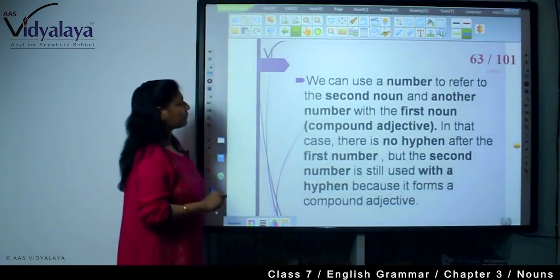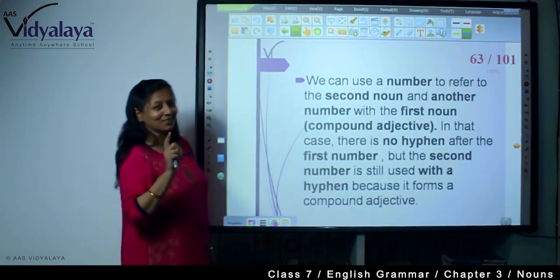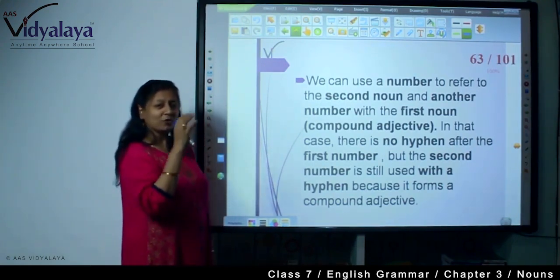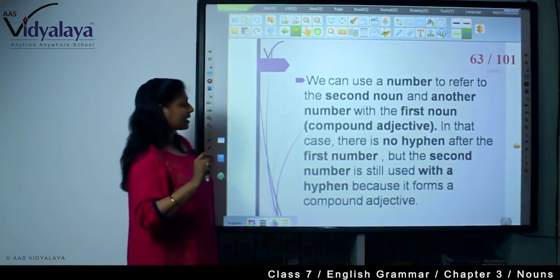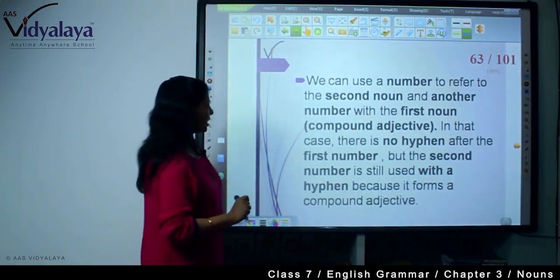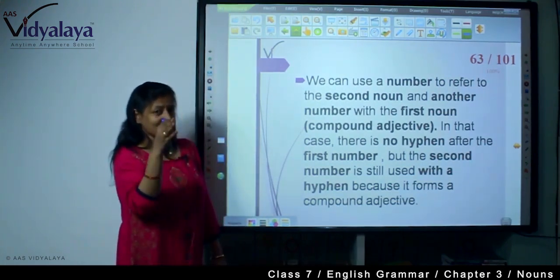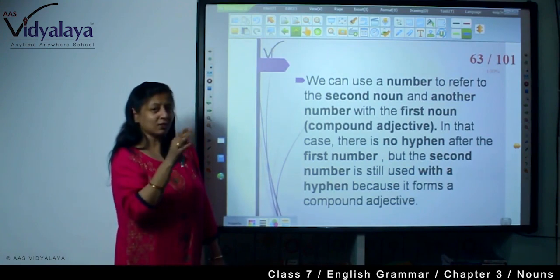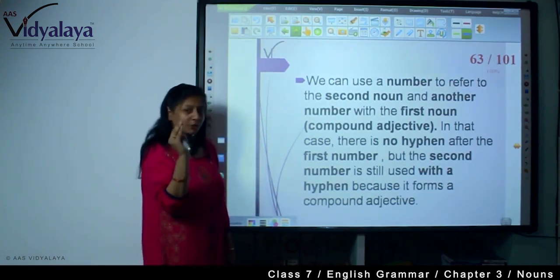Now, we can use a number to refer to the second noun and another number with the first noun. So what we can do? We can add number to first and the second noun, and we can make it a compound adjective. So in the first rule there is a hyphen, 3-car garage, and in the second rule there is no hyphen. So we will have to follow both together.